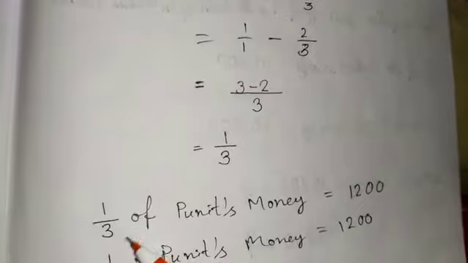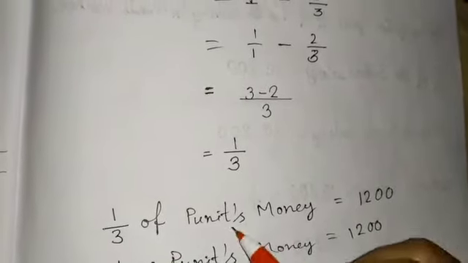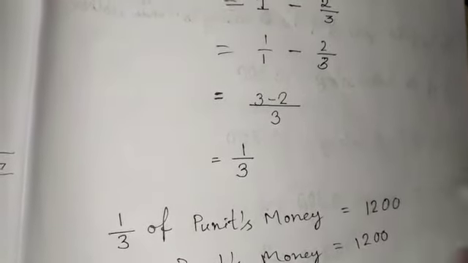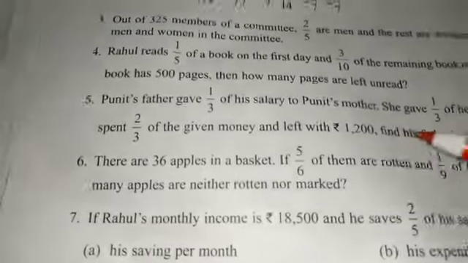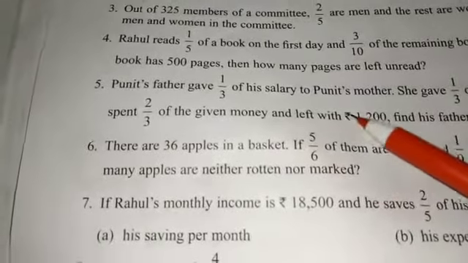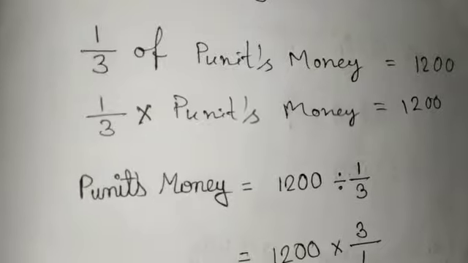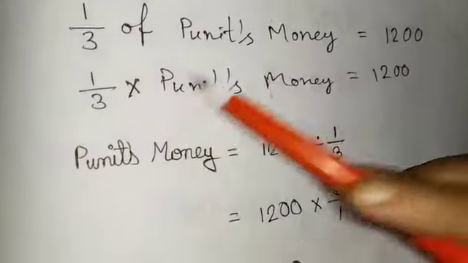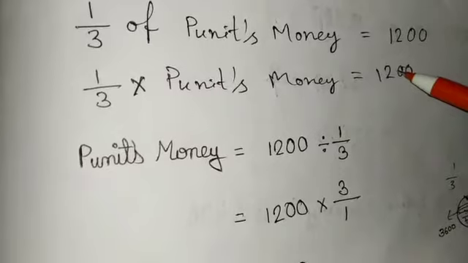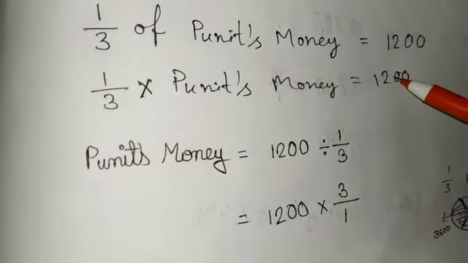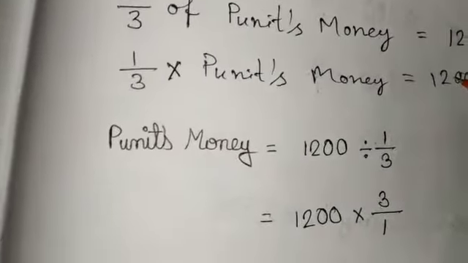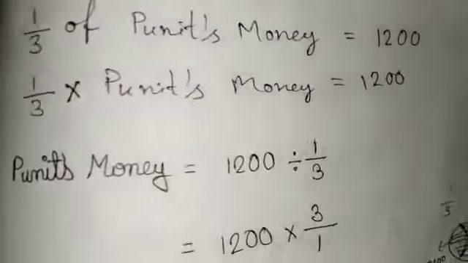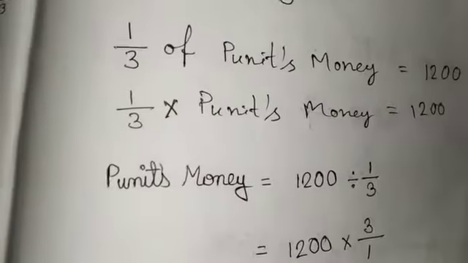And according to the question, 1/3 of Punit's money will be 1200 because it's given that Punit is left with 1200. So 1/3 multiplied by Punit's money will be 1200. Now, as we have learned algebra, in algebra if we change the side, the operation also will be changed.